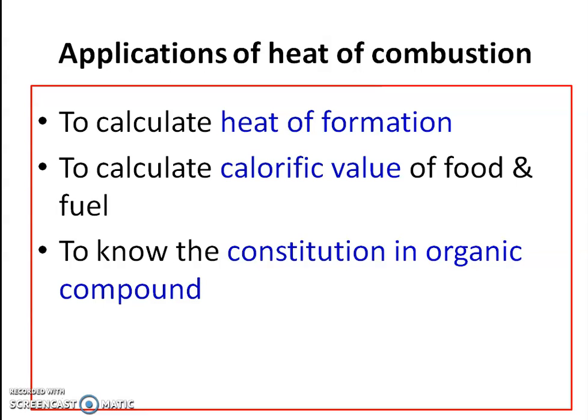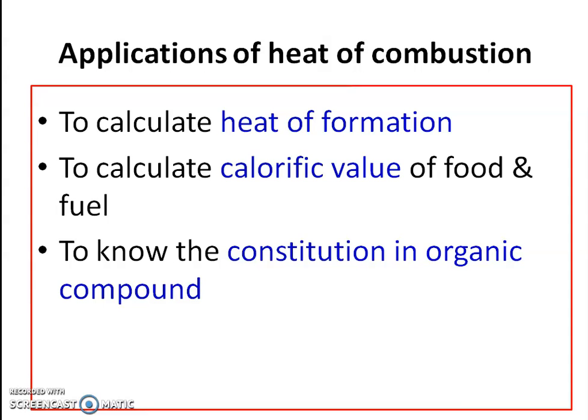Here in a homologous series, the difference between the heat of combustion of successive members is nearly constant and is equal to 158 calories. What does it mean? Suppose there is methane, ethane, propane, butane.